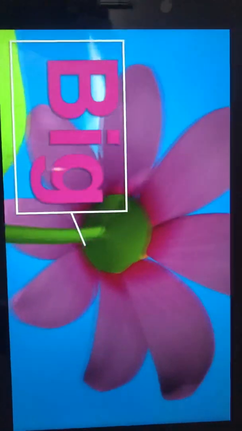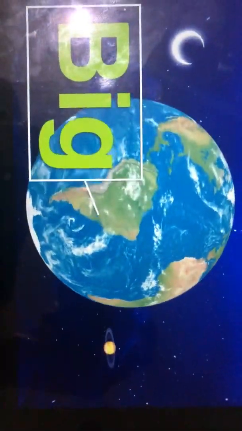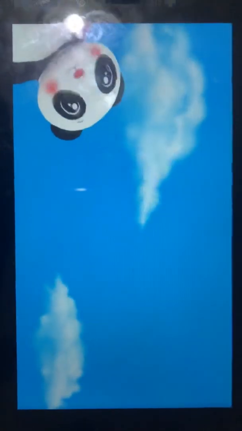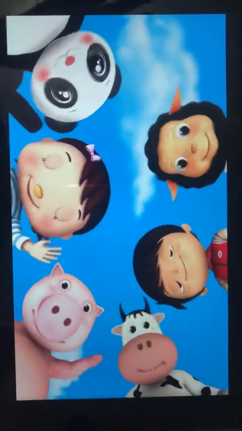The flower is big and the bee is small. The earth is big and the men are small. And that's what makes us all.